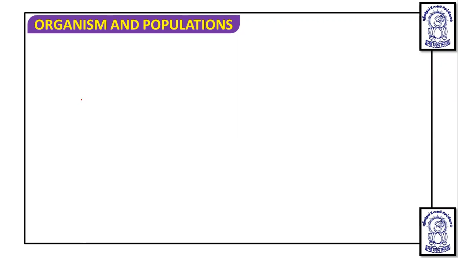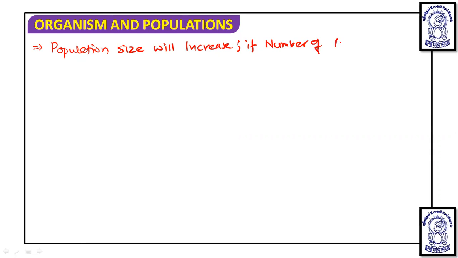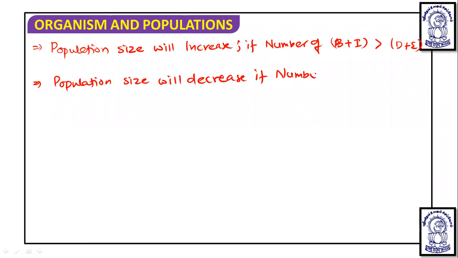We also have to remember that population size will increase if number of B plus I is greater than number of D plus E, and population size will decrease if number of B plus I is less than number of D plus E.